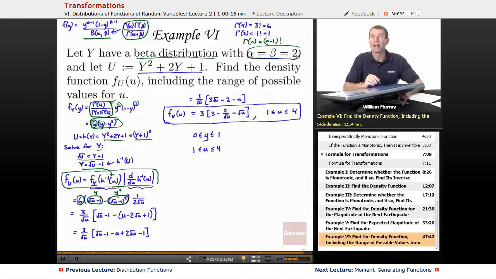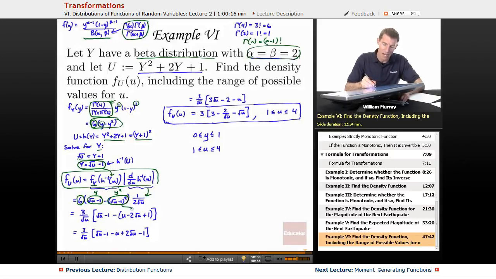But I'm plugging in y equals h inverse of u into both of those. And then my derivative of h inverse of u is how I got the 1 over 2 root u. I got that by taking the derivative of this right here. Remember, of course, when you take the derivative, the 1 drops out, so we just get 1 over 2 root u.